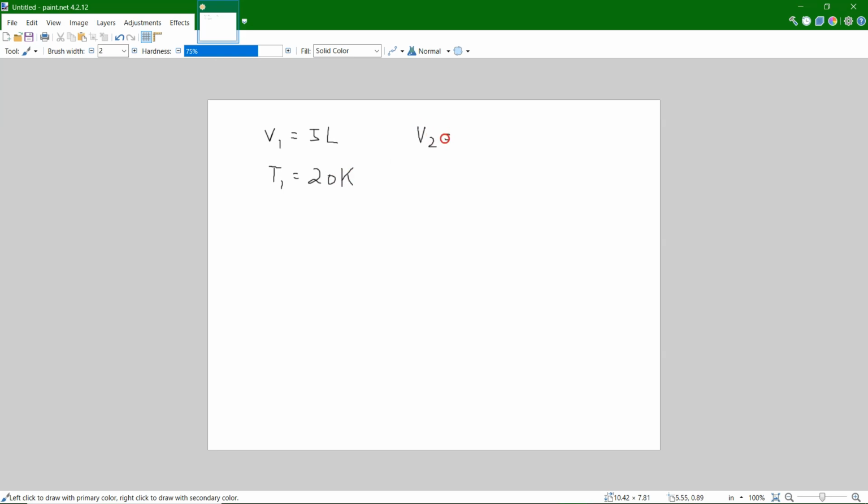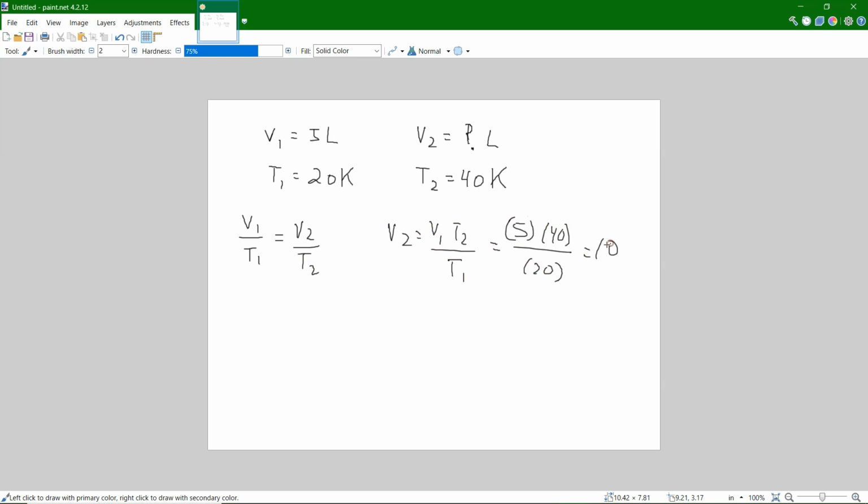What would be the volume occupied by that gas if I doubled to 40 Kelvin? You know it will be 10 liters. But if you want to use the equation, V1 over T1 equals V2 over T2, so V2 is V1 T2 over T1. So 5 times 40 over 20, which is 10 liters. Double the temperature, there you go, 10 liters.